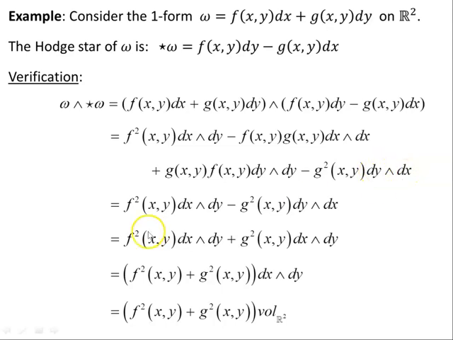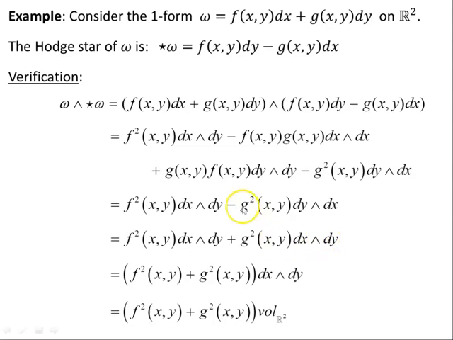Okay, here we go. That's dy wedge dx. So what we get here is this first term will survive, and this last term will survive. These two are 0 because by the anti-symmetry property, dy wedge dy is 0. Okay, so f squared of dx wedge dy minus g squared of xy dy wedge dx. Well, dx wedge dy has the opposite orientation to dy wedge dx, but we can change that by the anti-symmetry property, and we can swap these two.